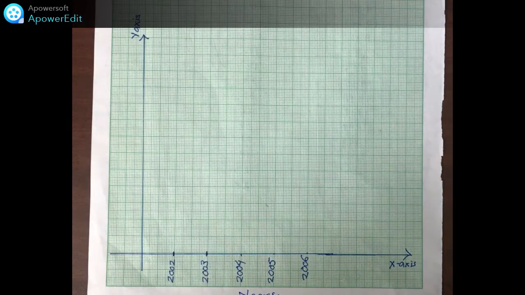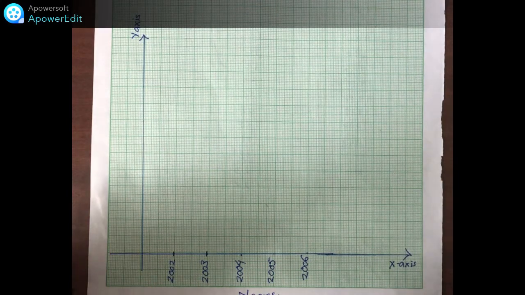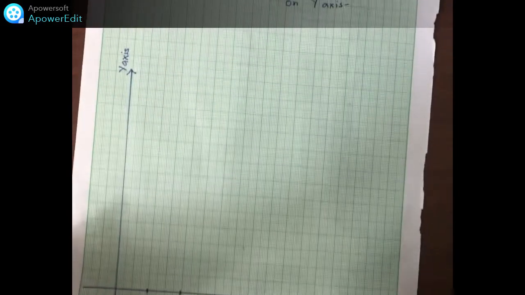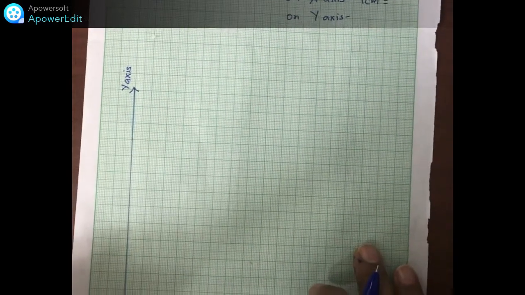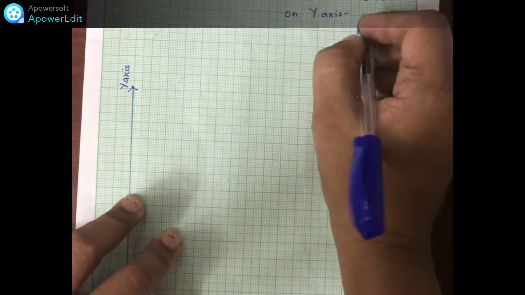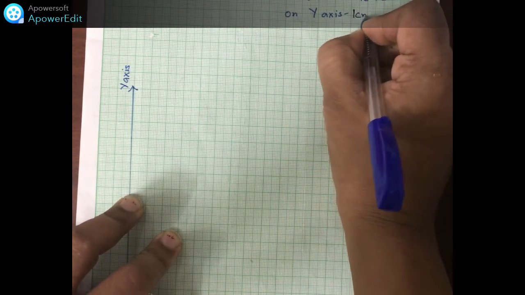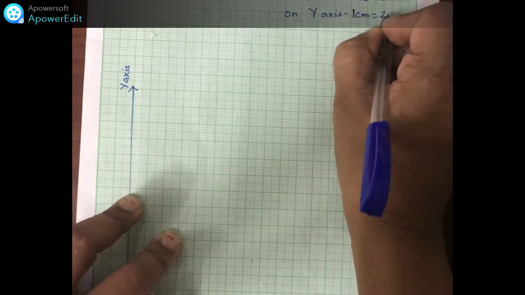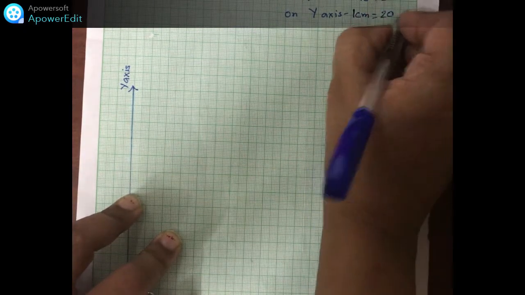Over here I am taking the scale for the y-axis as 1 centimeter equal to, let's say, 20 million tons. So the scale on the y-axis I am writing here on the top. Scale on y-axis is 1 centimeter is equal to 20 million tons. That is what we will be writing.